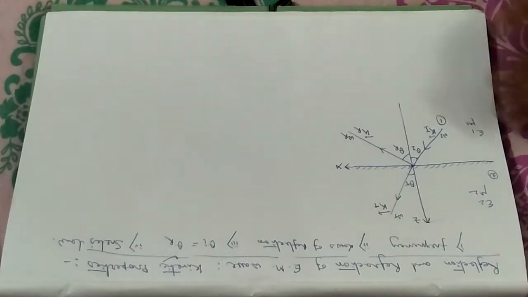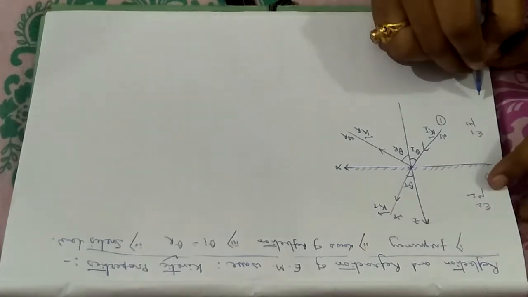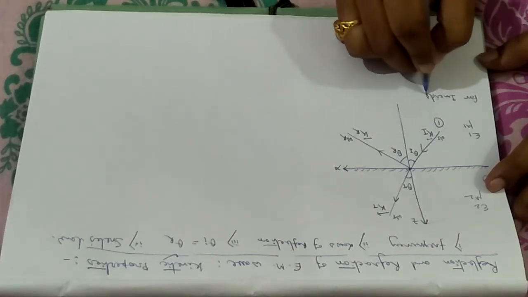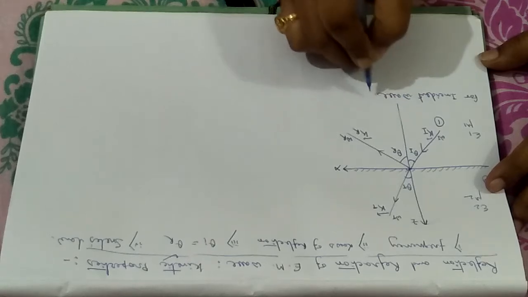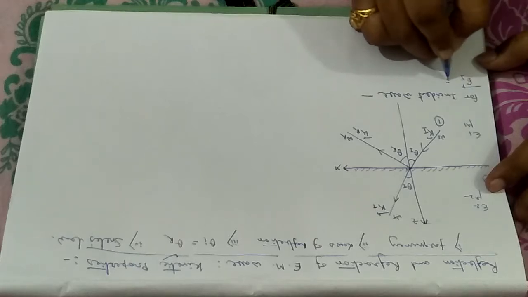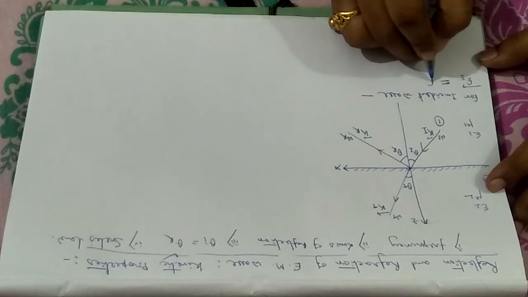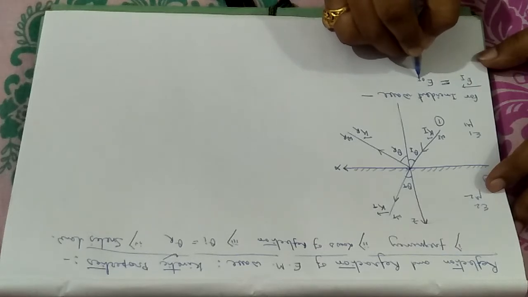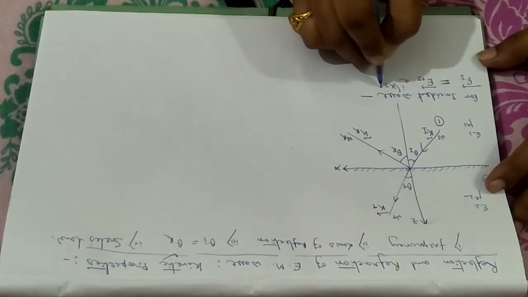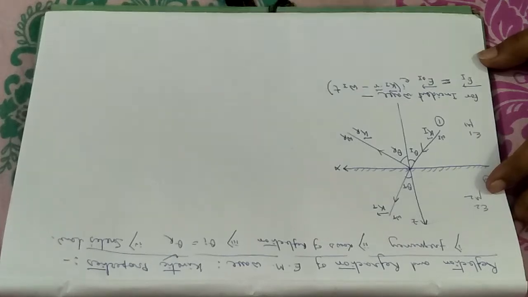So for the incident wave, what can we write? We can write EI, the electromagnetic wave which is incident, as E0I times e to the power i(ki dot r minus omega I t).